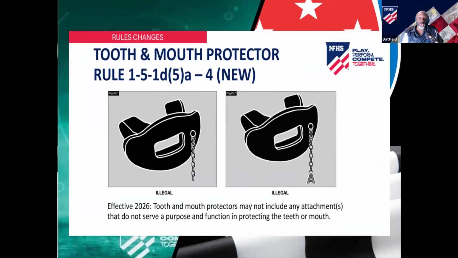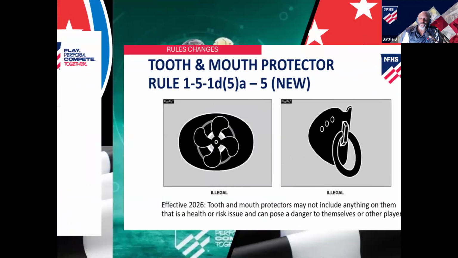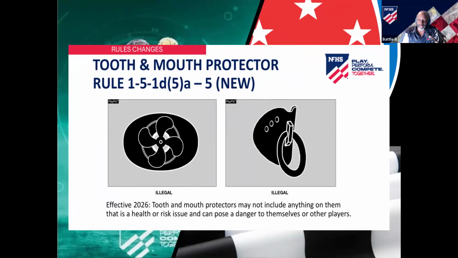Now, in 2026, these mouth protectors will be illegal. And I saw a player with, not like this, it was like the one on the right. These are illegal, starting 2026. Any attachment to the mouthpiece. Remember, the NFHS is extremely against any player singly focusing and drawing attention to themselves, right?